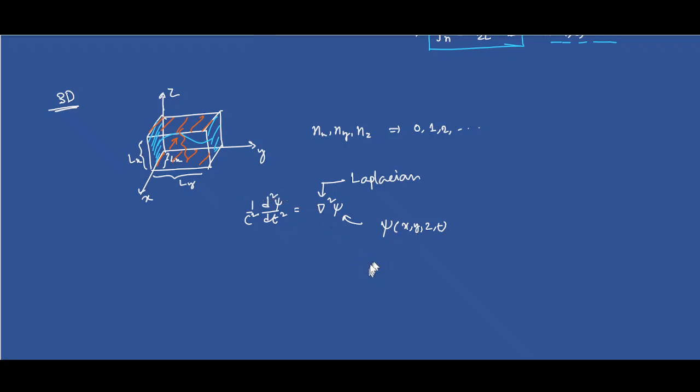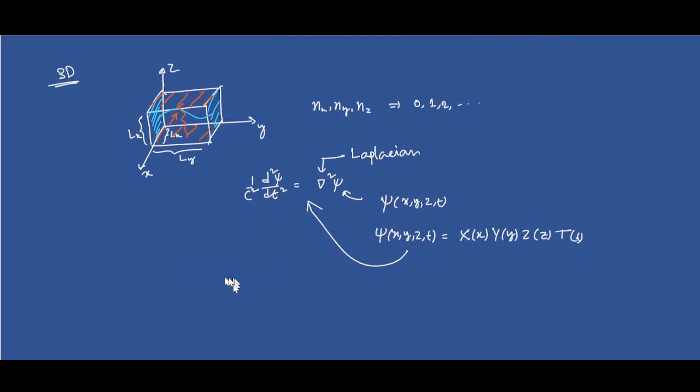Using this idea of separation of variables, we can write psi of x, y, z, t equals X(x) Y(y) Z(z) T(t).